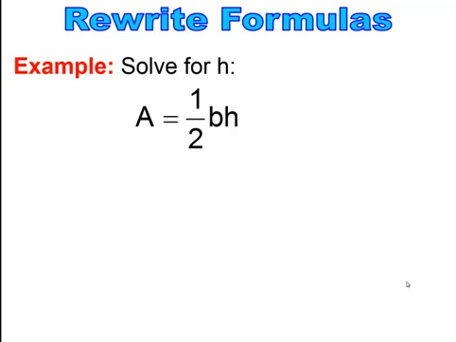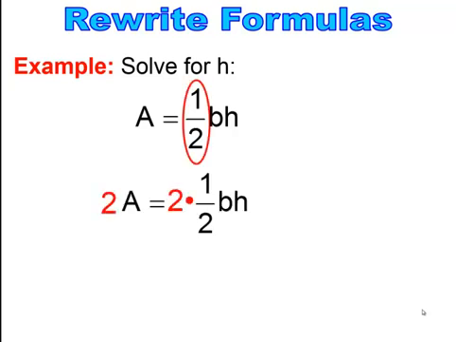In order to do this, when you have a fraction and a variable attached to the letter you want to isolate, the first thing you want to do is remove the fraction. So I want to get rid of the 1/2 by multiplying by its reciprocal. The reciprocal of 1/2 would be 2/1, which is simply 2. So you're going to multiply both sides by 2 to get rid of the fraction.